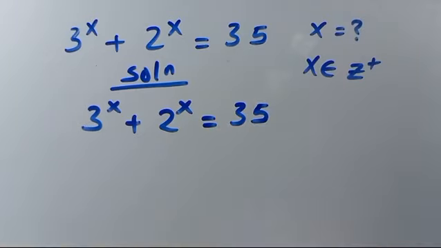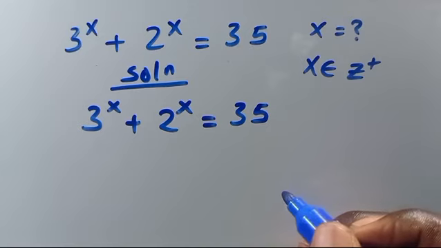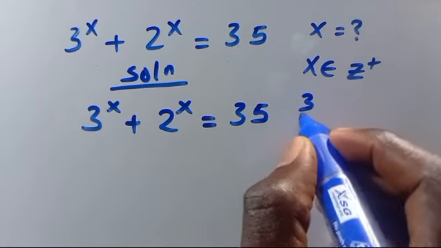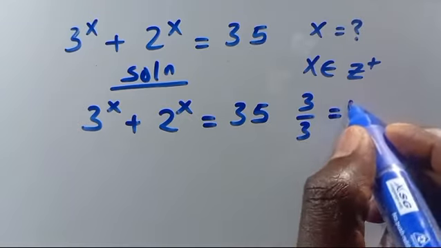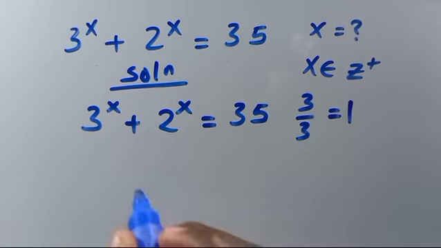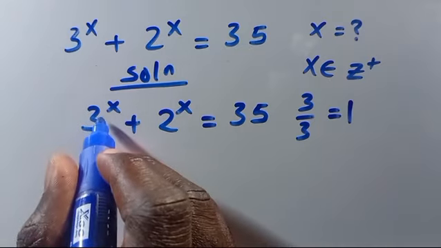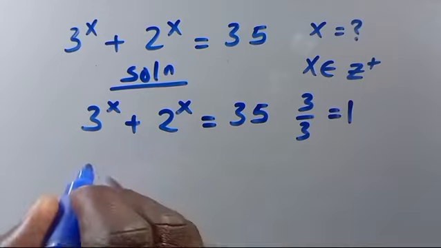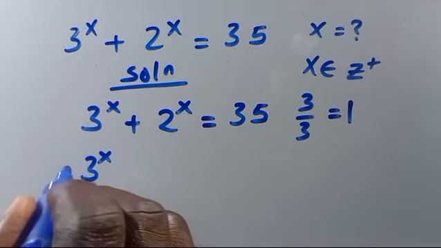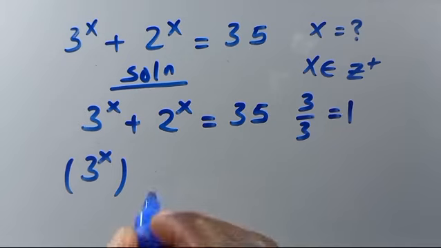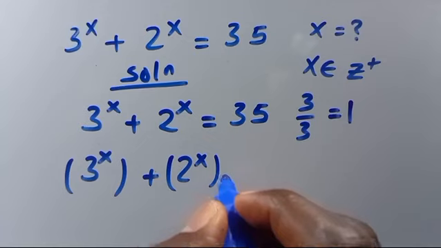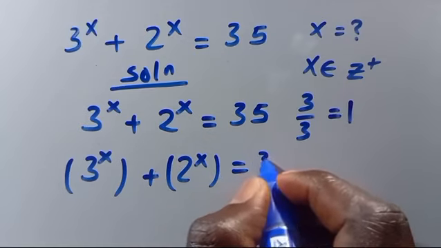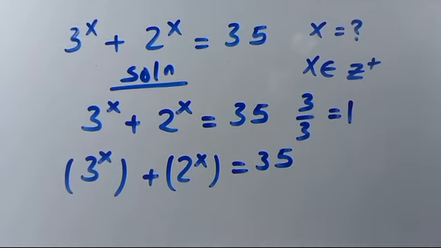Then let us note that when we have 3 over 3, this will give us 1. So from here, let's have 3 to the power of x in parentheses plus 2 to the power of x in parentheses, and they are still equal to 35.